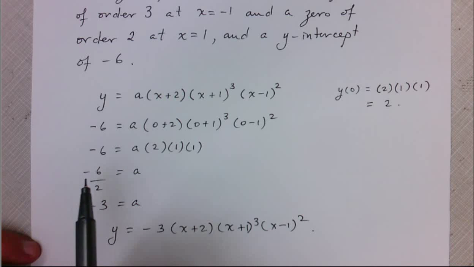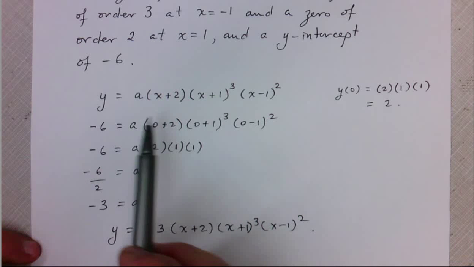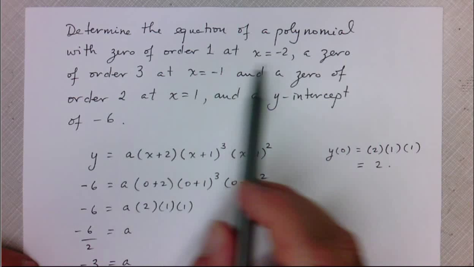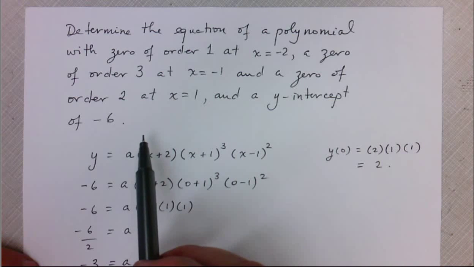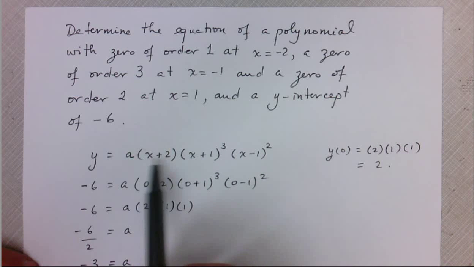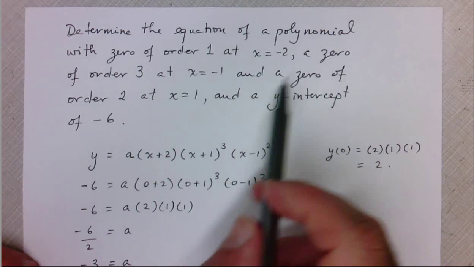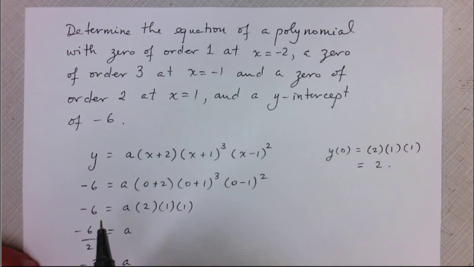A little thing I'll mention is they asked for a polynomial that has these zeros. They didn't specifically say these were the only zeros it could have. So I could have added more factors, and it still would have satisfied the conditions. But you always want to go with the simplest version if you can.